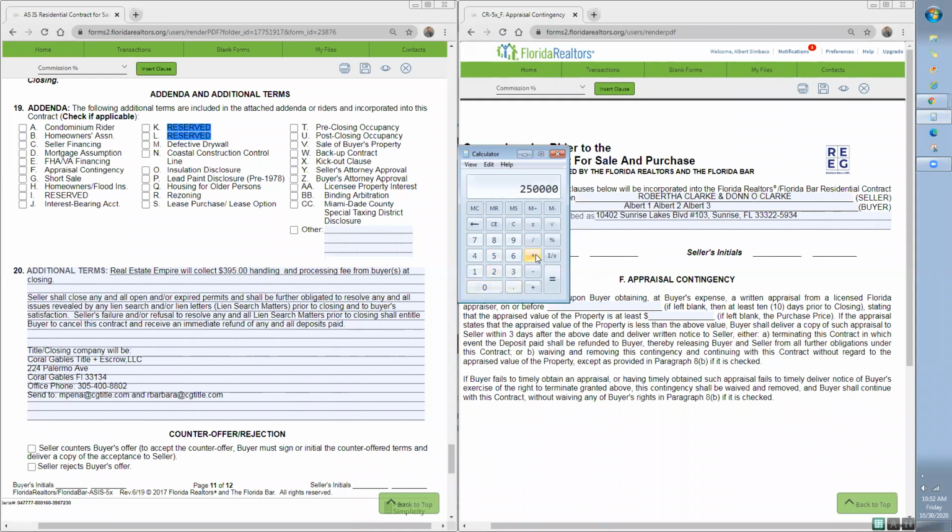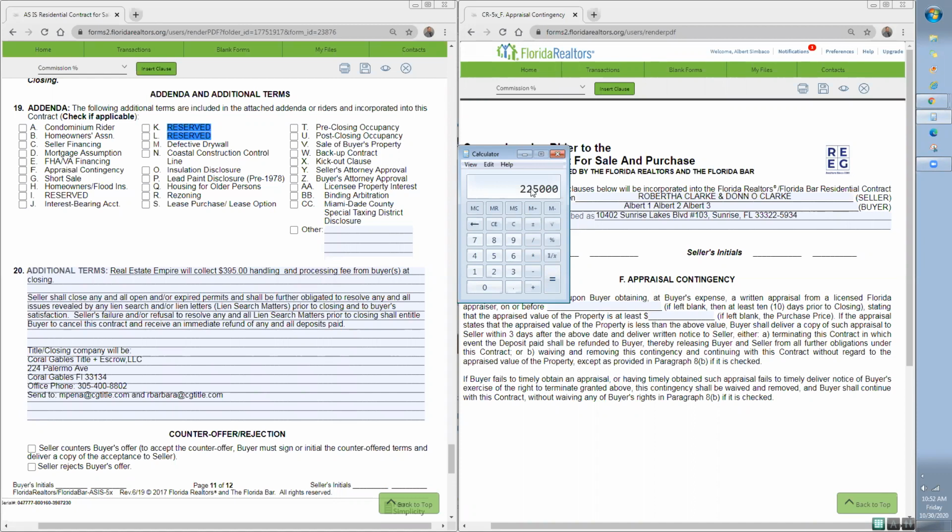The buyer is giving 10% down, meaning the bank is only required to loan 90% of the value, okay? 250 minus 25. The bank is only required to pay $225,000. The other $25,000 will be paid by the buyer as a down payment. Everybody follow along so far? Great.